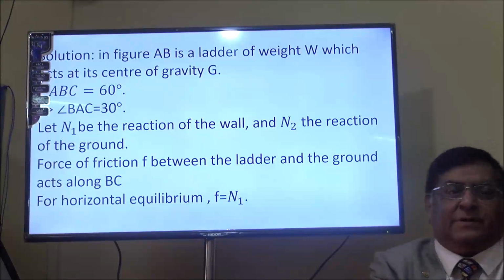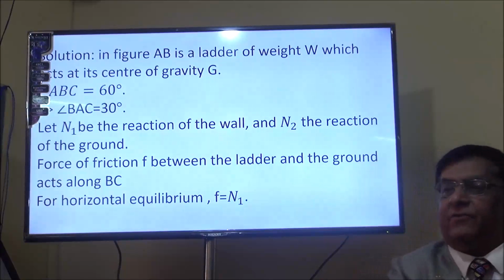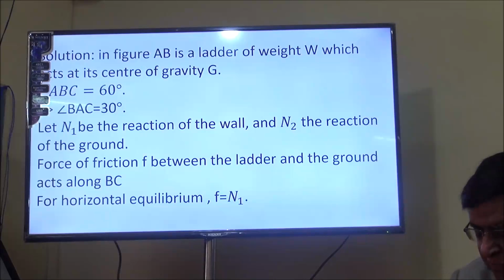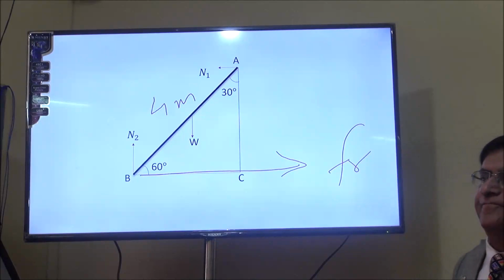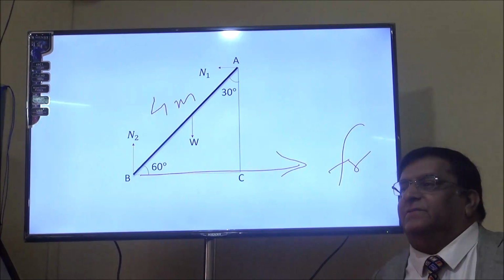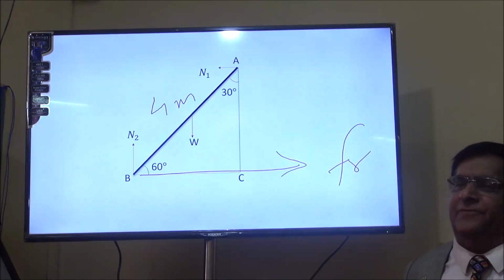Horizontal equilibrium. That I told you, the forces on the left side should be equal to the forces on the right side. See this, in this system, which is the force acting in the left direction, which is the force acting in the right direction?